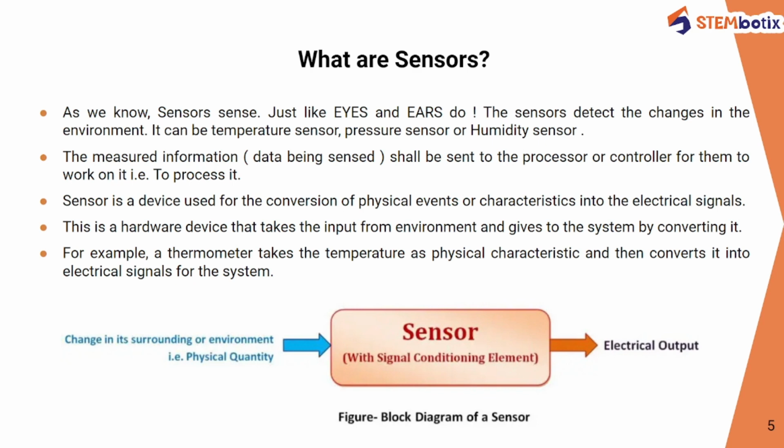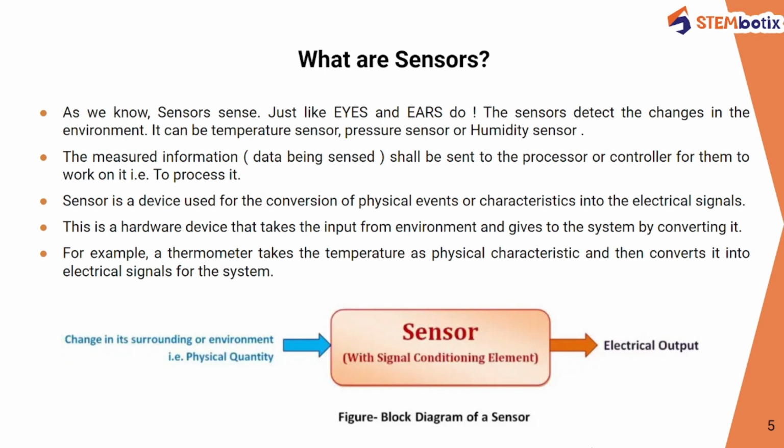This is a hardware device that takes input from the environment and gives it to the system by converting it into an electrical signal. For example, a thermometer takes temperature as a physical characteristic and then converts it to electrical signals for the system. The system connected to it will use this data, gained as an electrical signal, and then perform the next thing.